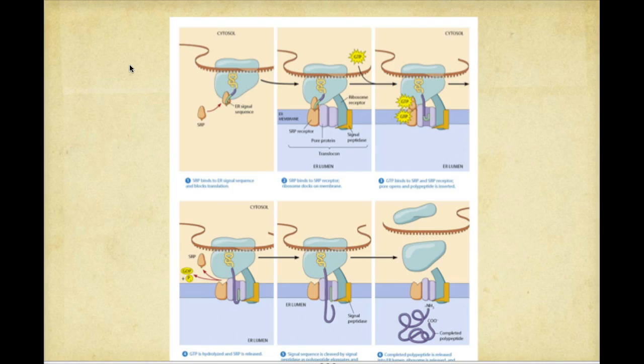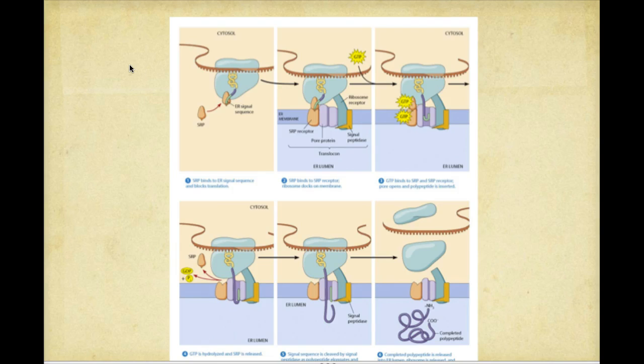That's the signal recognition particle. So the ribosome in the cytosol is going to start translating the mRNA. And they're showing us that the very first few amino acids that get placed into the new polypeptide are colored this mint green color, and then onto a purple color, and so on.